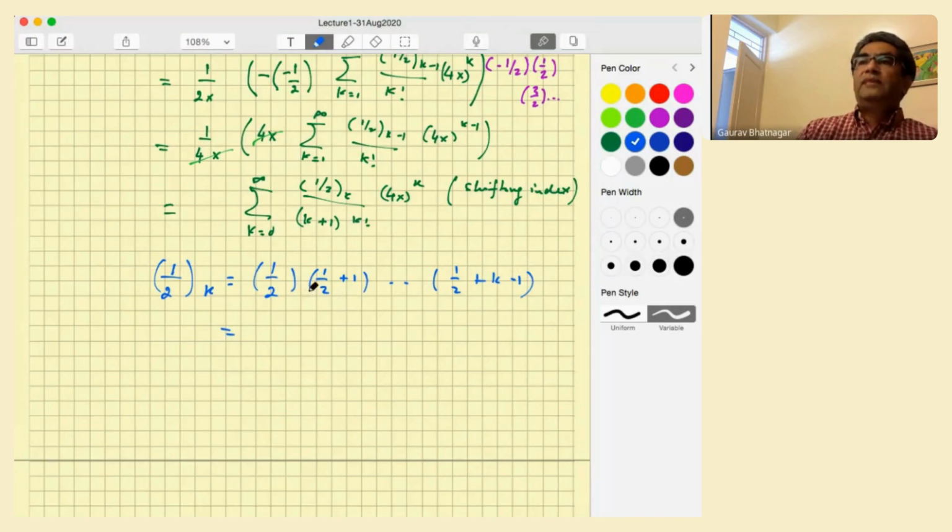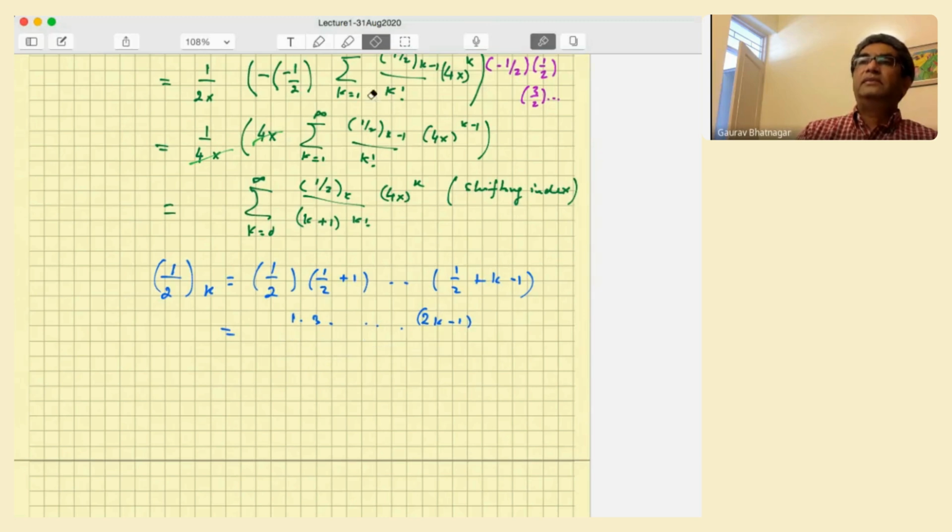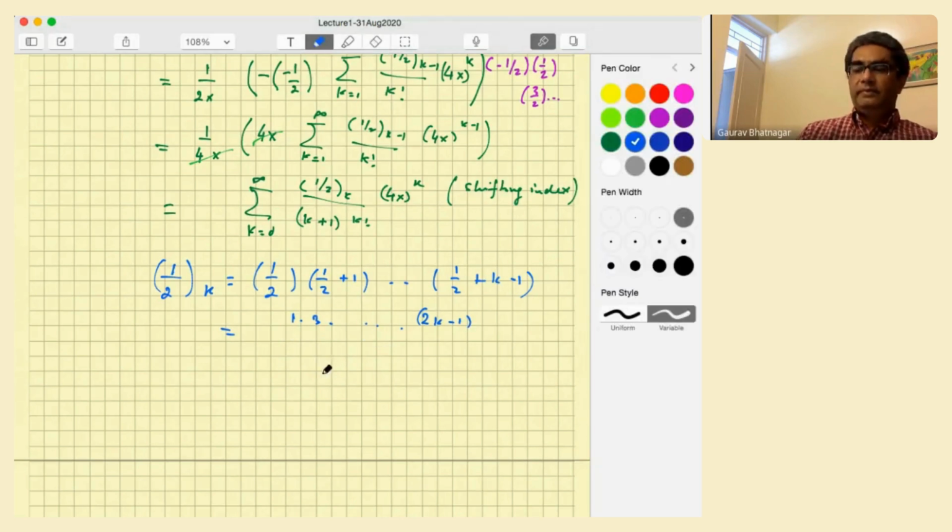So this is 1 into 3 and so on up till 2k minus 3, 2k minus 1. And there is a mystery. Okay, and there is a 2 raised to k here.